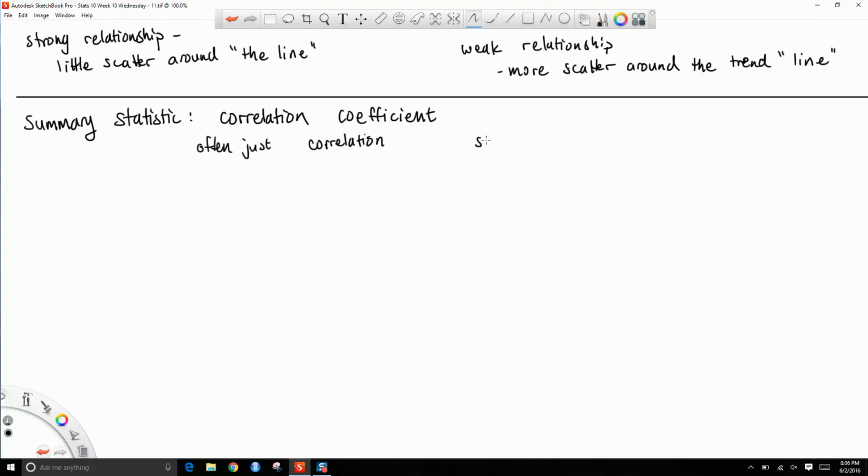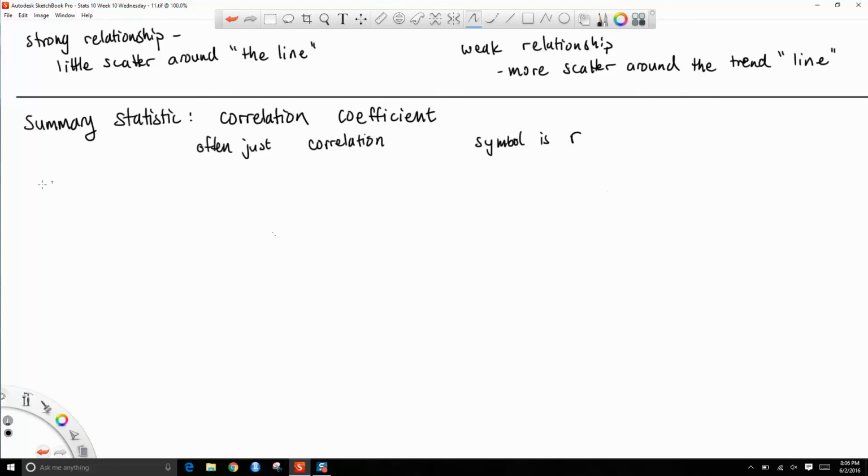And the symbol is R, R for relationship. I'm going to give you interpretations of R. Now, R is just the result of a formula, okay? And so even if the data has a nonlinear relationship, you can still calculate a value of R.